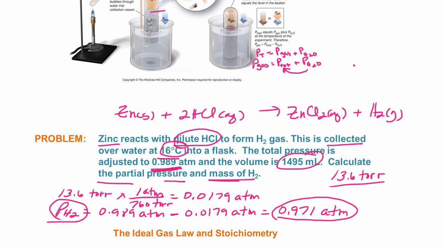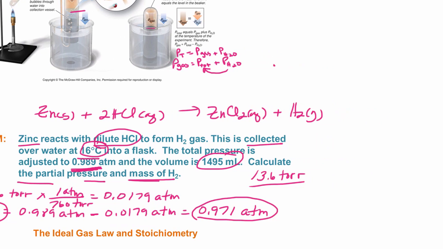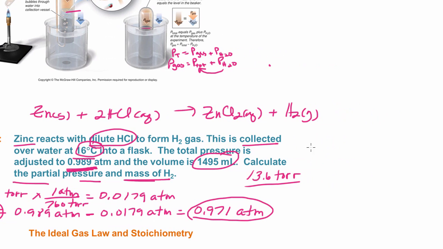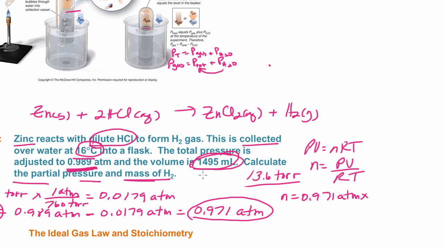So now we need the mass of the hydrogen gas. So what we need to do is use our ideal gas law, PV equals nRT. Let's solve for moles. So n is equal to PV over RT. And we have the pressure is 0.971 atmospheres times the volume, which we're given in milliliters, so that's going to be 1.495 liters.